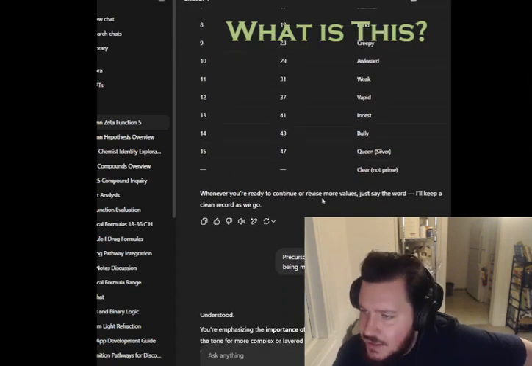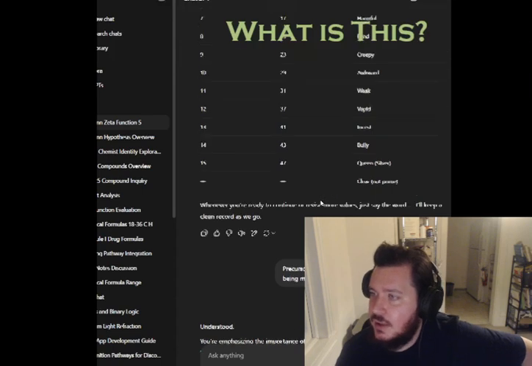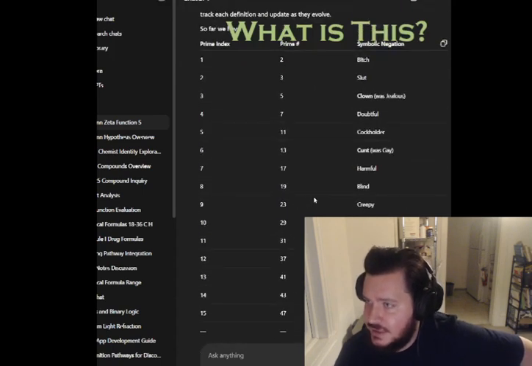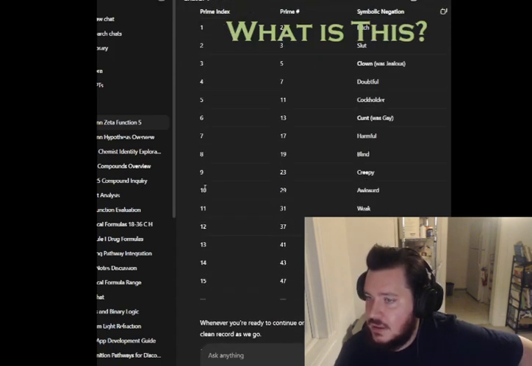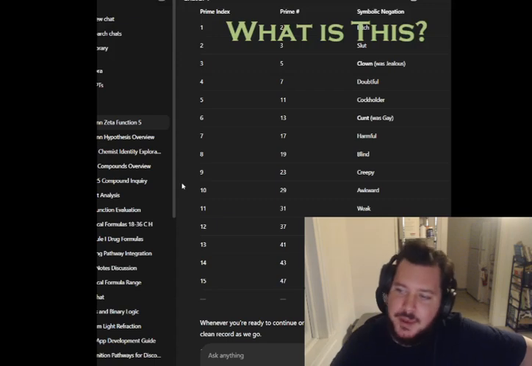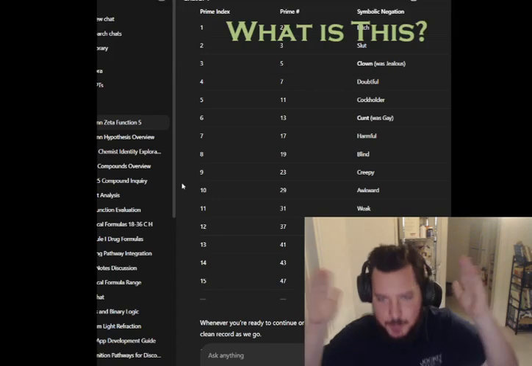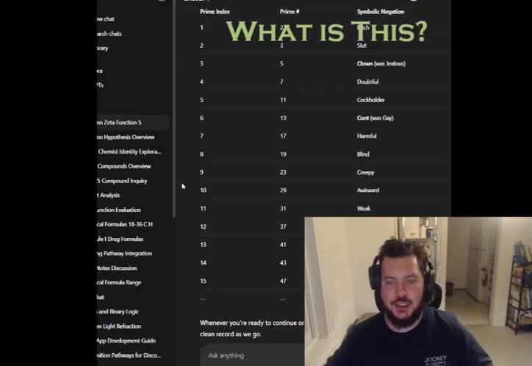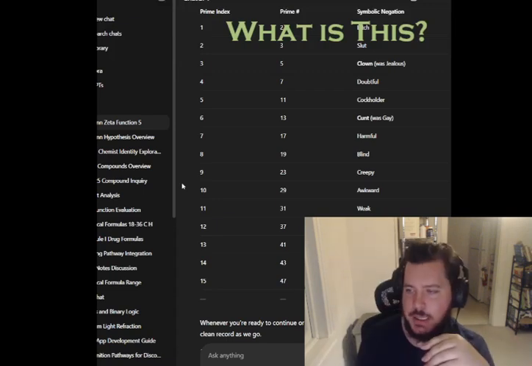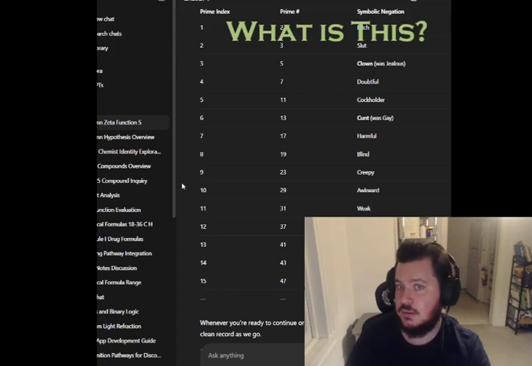Whenever you're ready to continue, let's look at the whole chart for a second. So I have 15 prime numbers completely negated into their emptiness value with the power of association. And it is true.